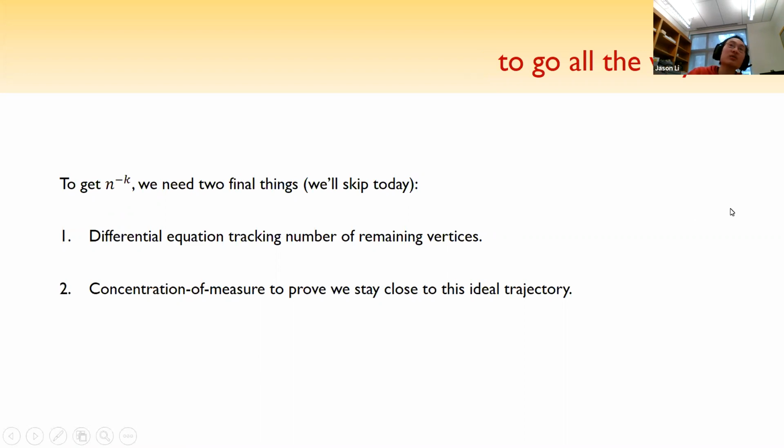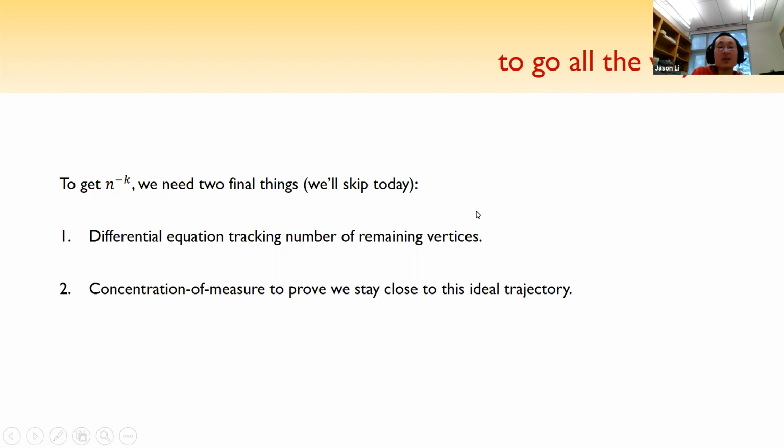Essentially, we should not be doing the naive analysis from 0 to ln n. We should take advantage of the fact that the number of small cuts decreases more rapidly than the number of vertices of the graph.